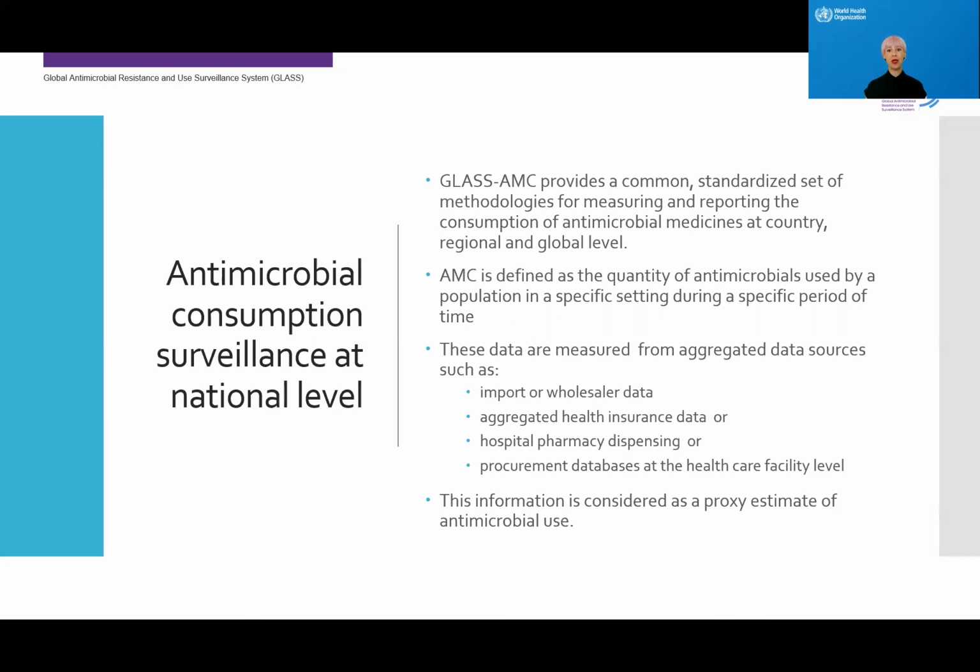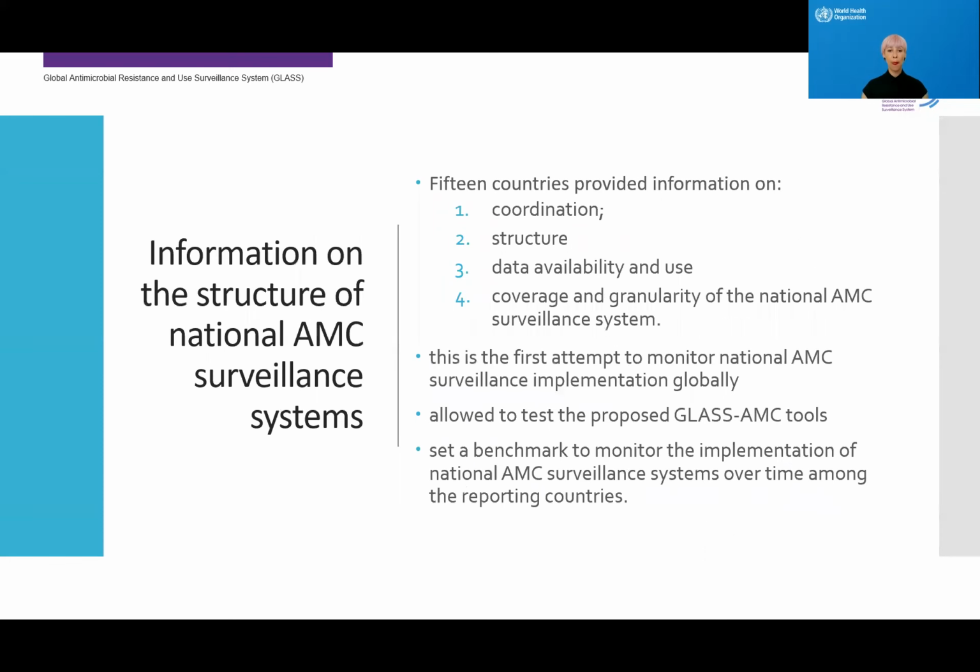These data are measured from aggregated data sources such as import or wholesaler data, aggregated health insurance data, hospital pharmacy dispensing, or procurement databases at the healthcare facility level. This information is considered a proxy estimate of antimicrobial use.